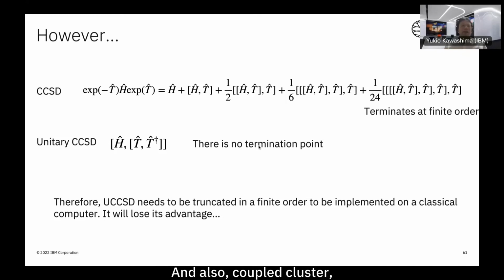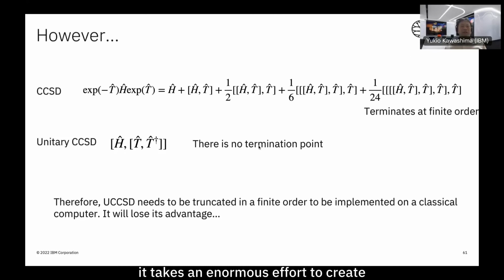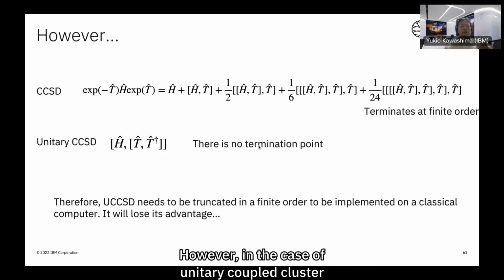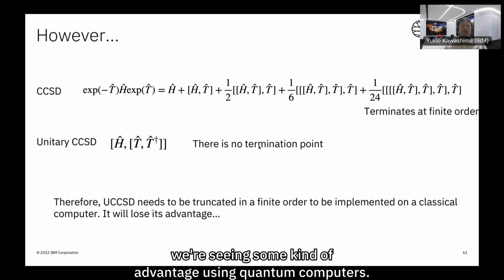Also, if you want to implement the conventional coupled cluster on a classical computer, it takes an enormous effort to develop the code and run it. However, in the case of unitary coupled cluster for the quantum algorithm, it's relatively easy to implement. So in that sense, we're seeing some kind of advantage using quantum computers.